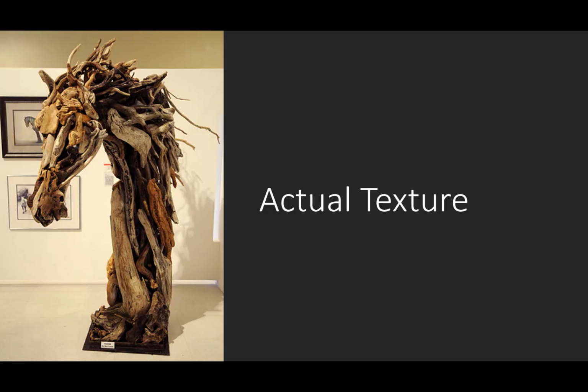Here's one of actual texture. This is made out of driftwood. This artist makes different sculptures out of driftwood, and driftwood is lighter but it has the texture of wood. You don't usually say actual texture, but it's actual texture.